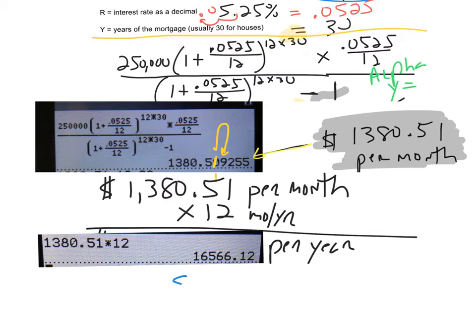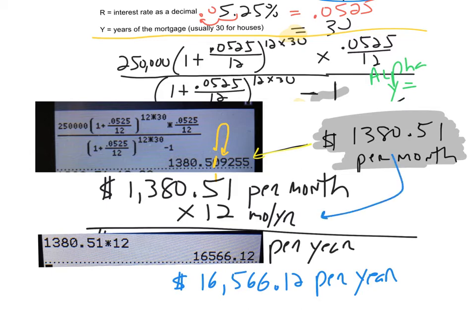So here you're going to be paying $16,566.12 per year of your mortgage. So you always take your monthly payment and you start off by multiplying it by 12 to figure out how much per year you're paying.